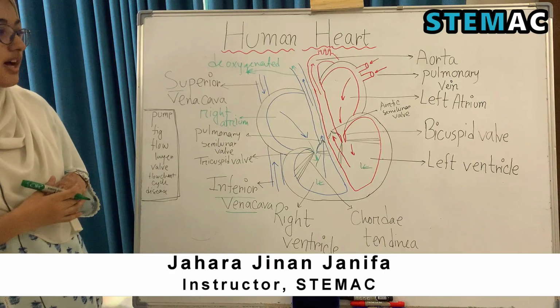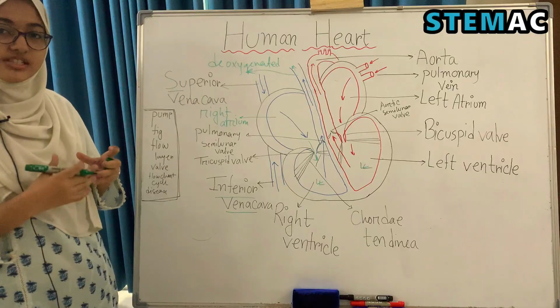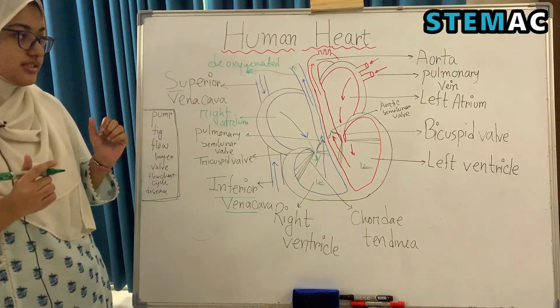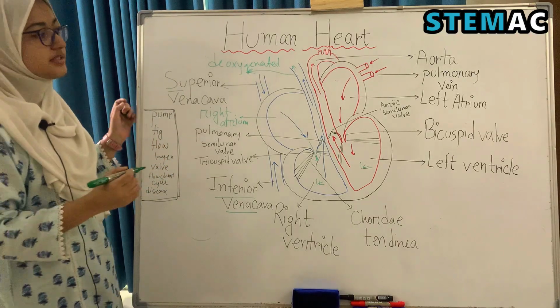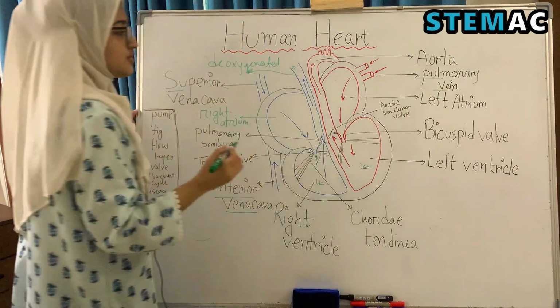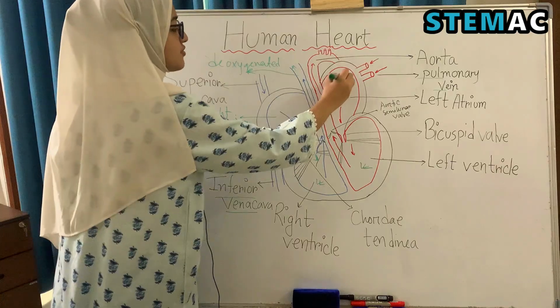Then it will come towards the heart again. The gas exchange has occurred, so now the blood will always have oxygen. How does it come into the heart? It comes into the heart through the pulmonary vein. So through the pulmonary vein it comes towards the left atrium.